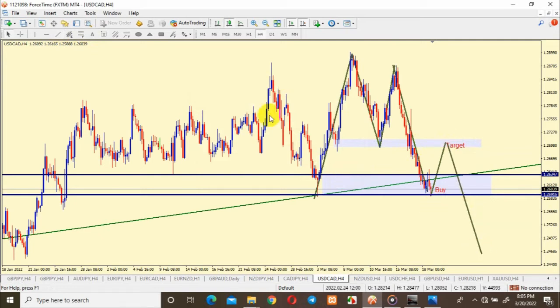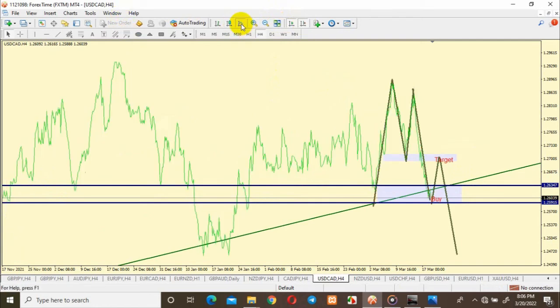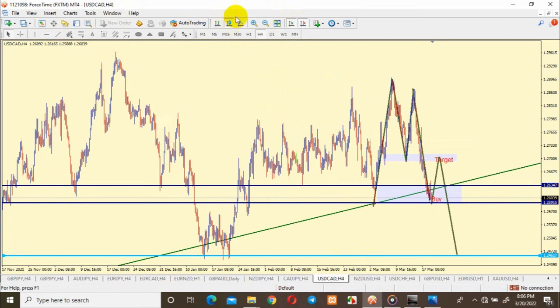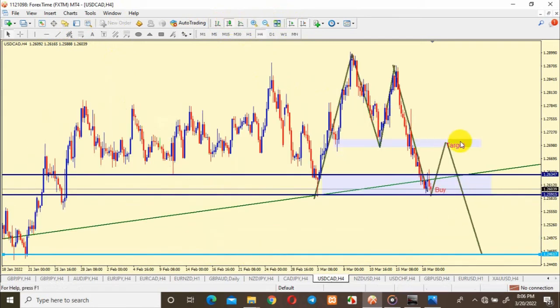Then after you take a sell, let's see where that sell will land. Go to my line chart. We notice that we have a zone here. So that is it. So what are we saying? We take a buy trade here, target this zone.